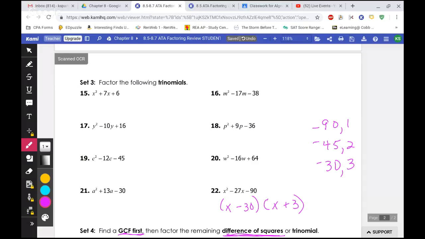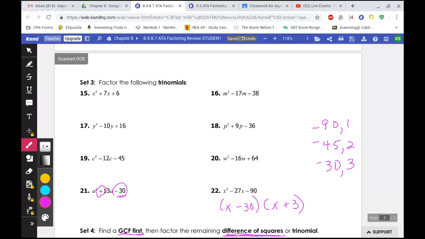Number 21, I'm looking for factors that give me a negative 30, that when I combine them, give me a positive 13. The negative here tells me that one is going to be positive, one is going to be negative. The positive here tells me that the bigger one is going to be positive.